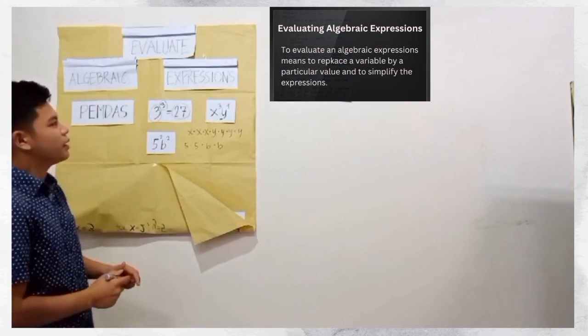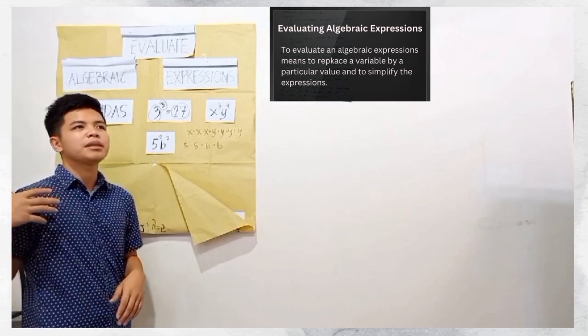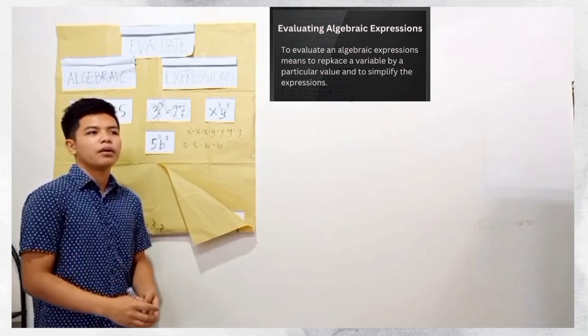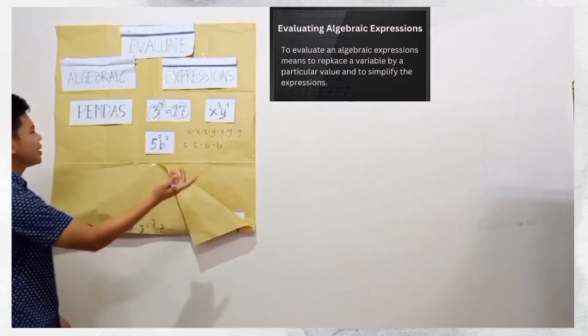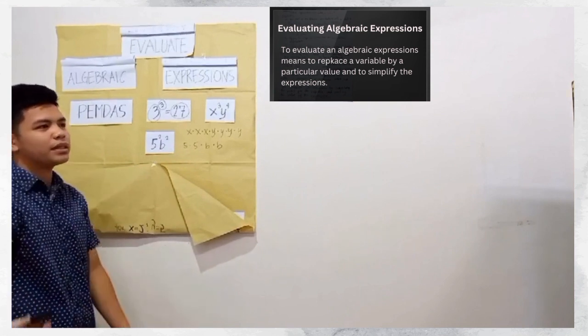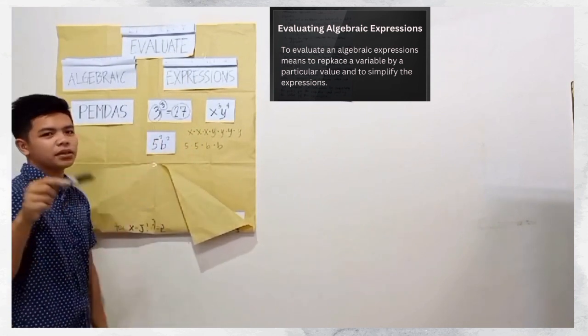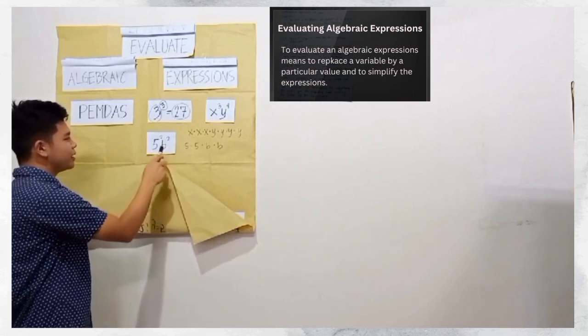So when we say evaluating an algebraic expression, we are simply replacing a value for the variable. So in our example, what is our variable here? Our variable is those letters. So here, our variable is b.